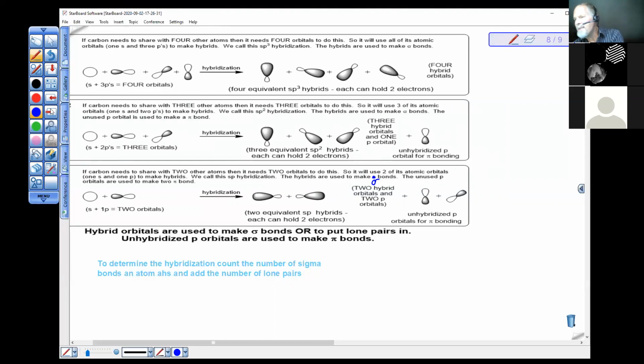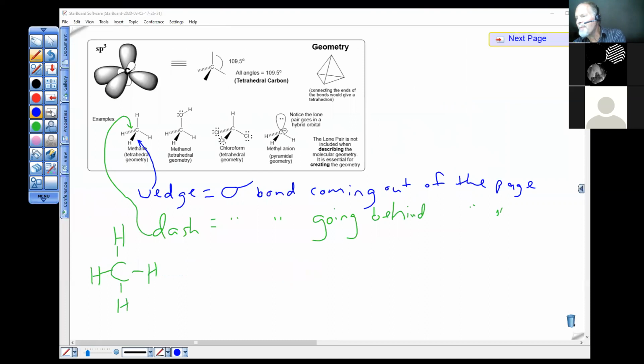Okay, so going back to our thing here. I know time's short. We're probably going to finish with just this sp3. Count sigmas and lone pairs. Well, there's 0 lone pairs. How many sigmas? 1, 2, 3, 4. How many pi's? 0. Pi has nothing to do with hybridization.